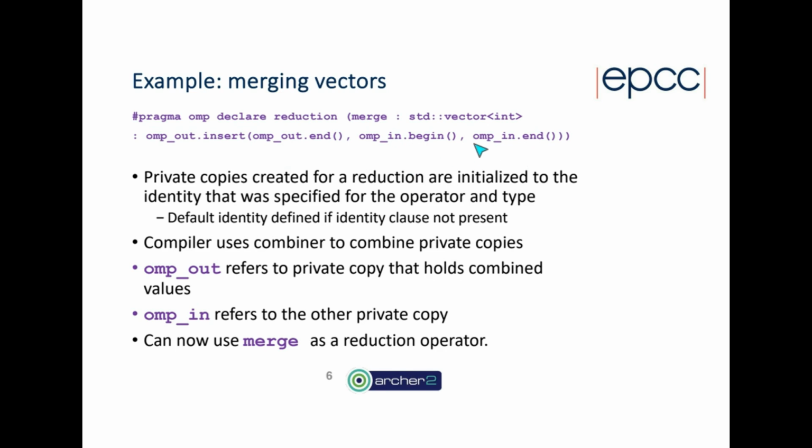So I'm going to concatenate the whole of omp_in onto the end of omp_out. That defines the method for combining two elements. Once I've done that, I can use merge as a reduction operator. I can have a normal reduction clause that just says reduction(merge : my_vector), and then that all works.